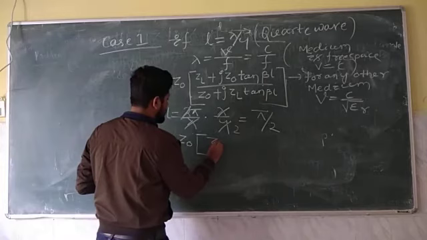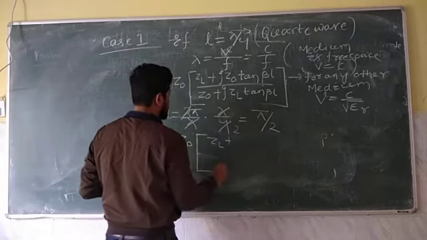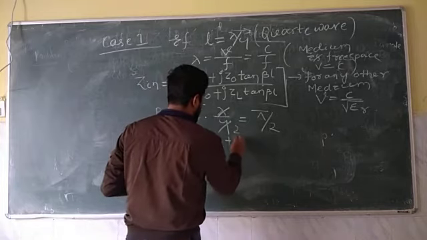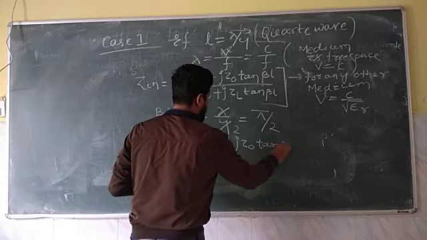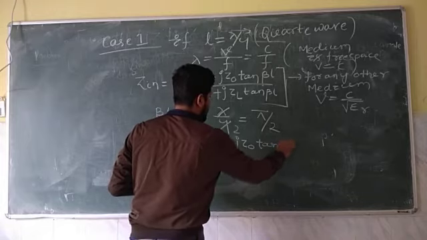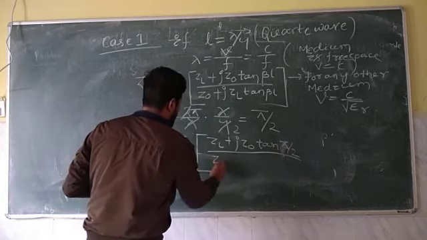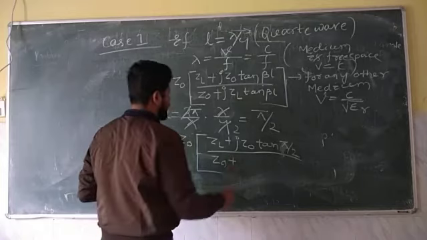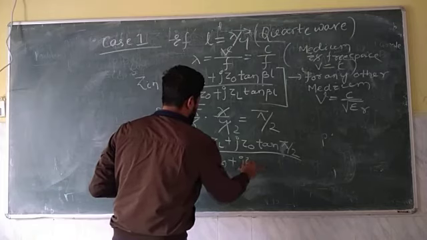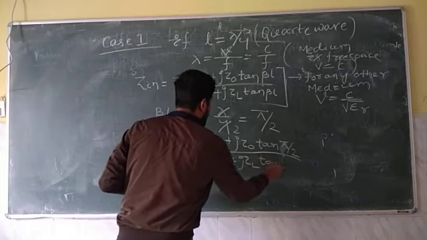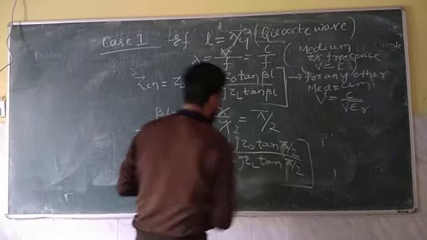So we have ZL plus jZ0 tan pi by 2, divided by Z0 plus jZL tan pi by 2.